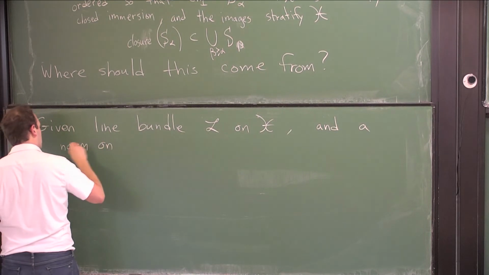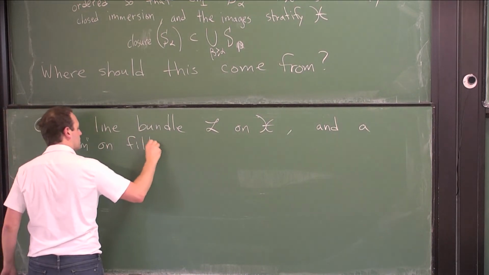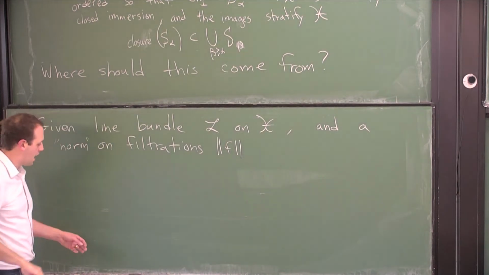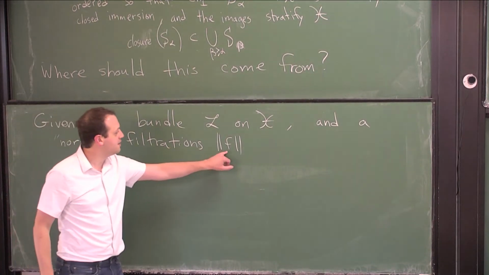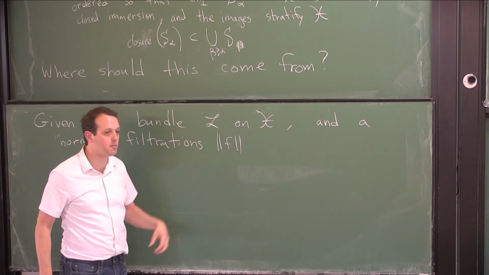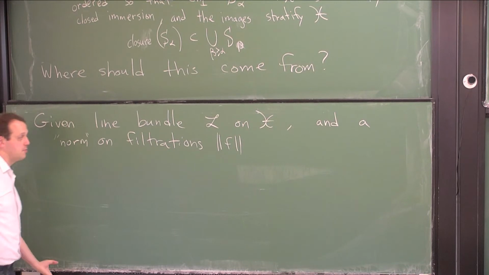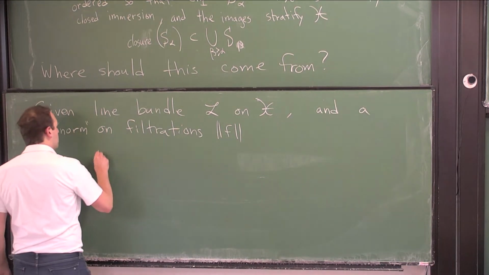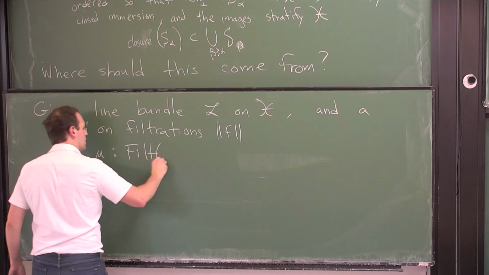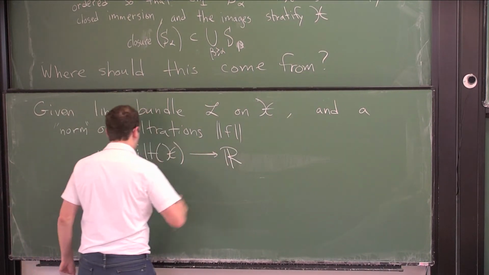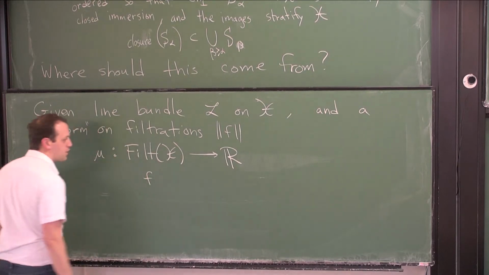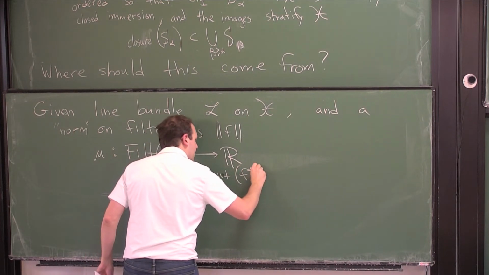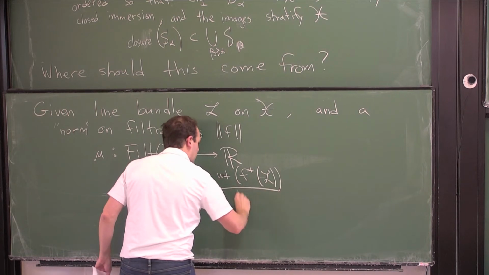I can be more precise about what I mean by norm, but basically, you have a filtration F, and the norm is some real number that is positive for a non-trivial filtration. You can define a function mu that takes a filtration F to the weight of the line bundle F star of L divided by the norm of F.